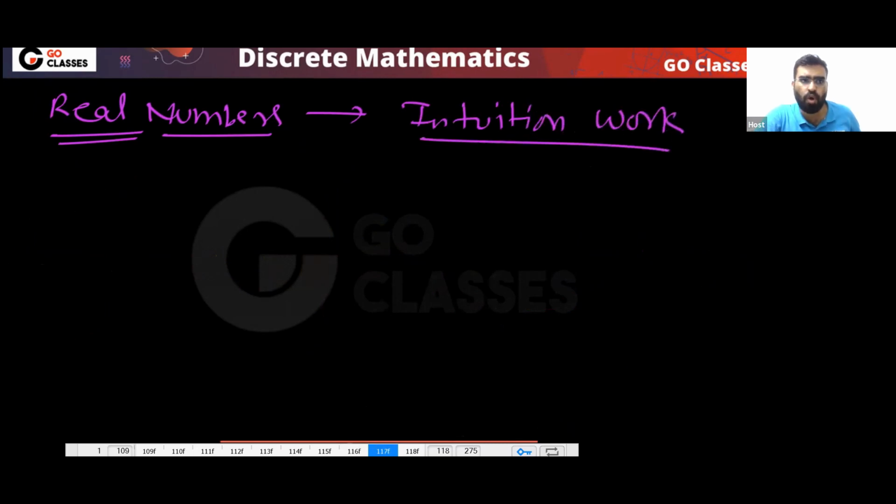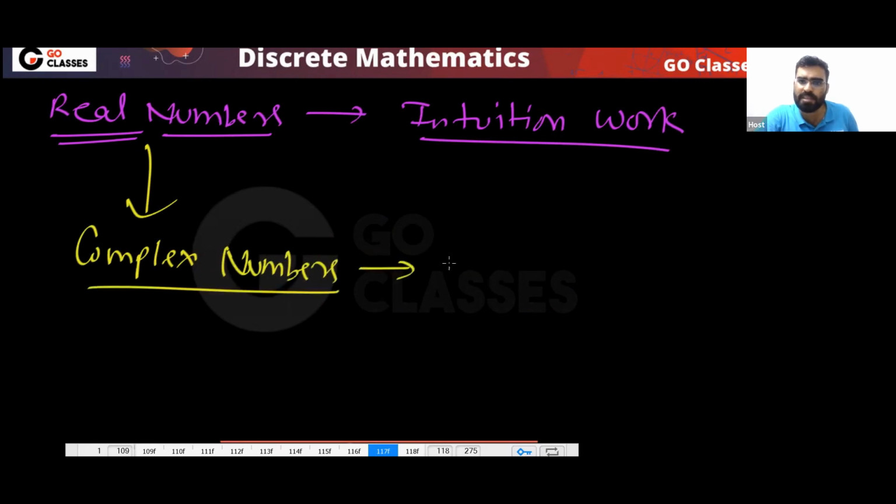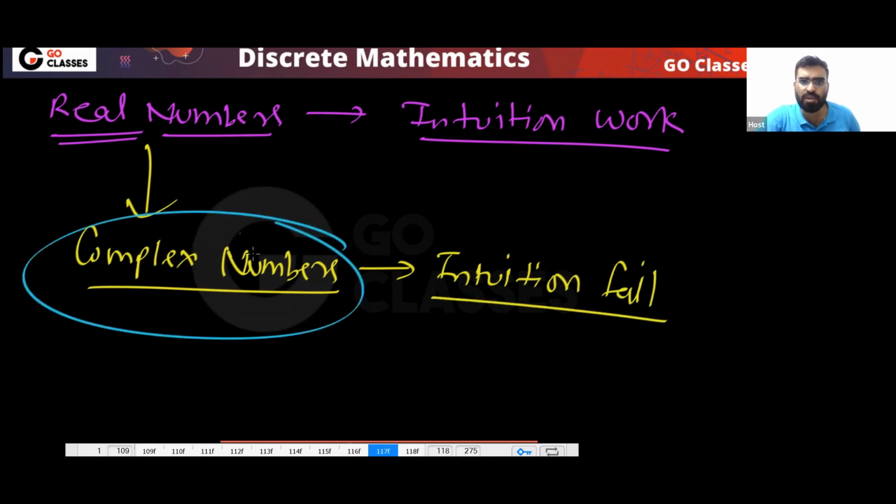But when you work with complex numbers, your intuition fails. In the complex numbers, intuition fails, correct? So many times intuition will fail when you go to complex numbers. There is no intuition for us.